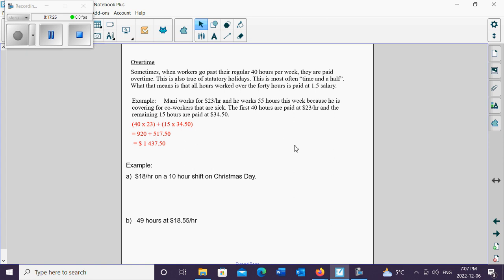That's your overtime wage. So you put your regular wage plus your overtime wage. Manny gets 920 bucks regular pay and $517 overtime pay, which is awesome. And together he gets $1,437.